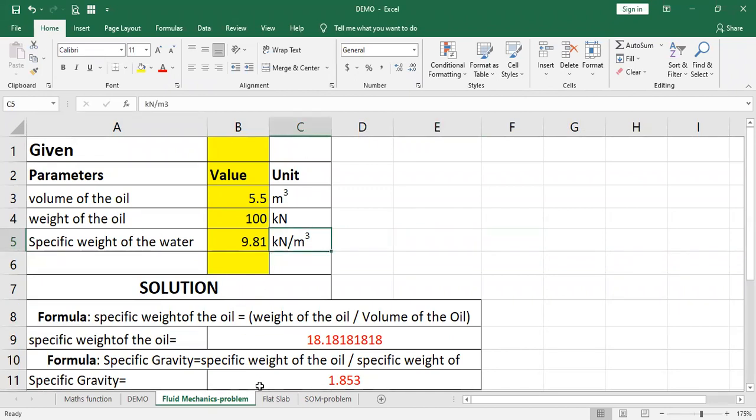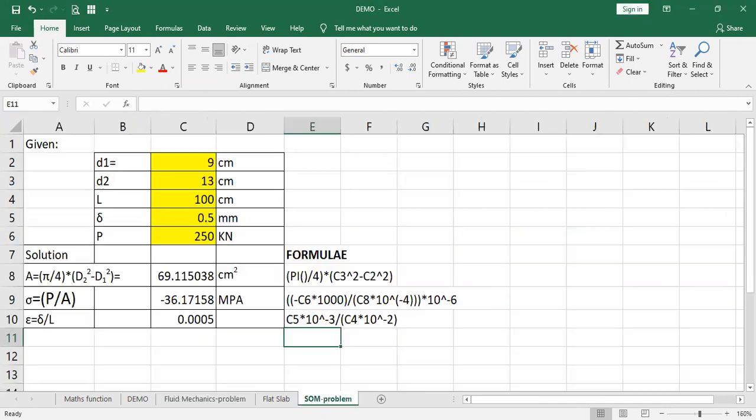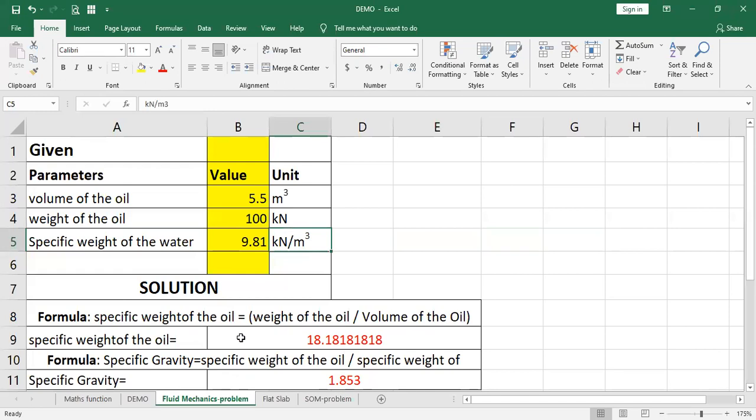So that was one formula related to fluid mechanics. Again, I'll just give an example for some problem. Now this thing, whatever I just mentioned, the Excel sheet.